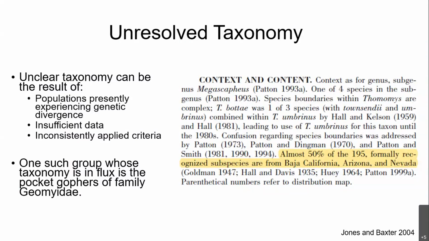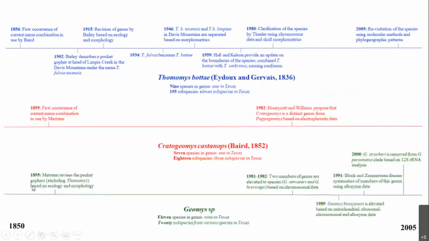And one such group, as Jonah mentioned earlier, whose taxonomy is in constant flux, are the pocket gophers of the family Geomyidae. And just highlighted here, again from that Mammalian Species, almost 50% of the 195 formally recognized subspecies are from Baja California, Arizona, and Nevada. Again, you don't have to try to read this small print. It's just for visualization purposes.